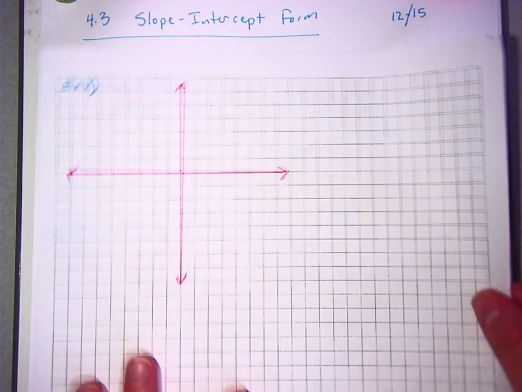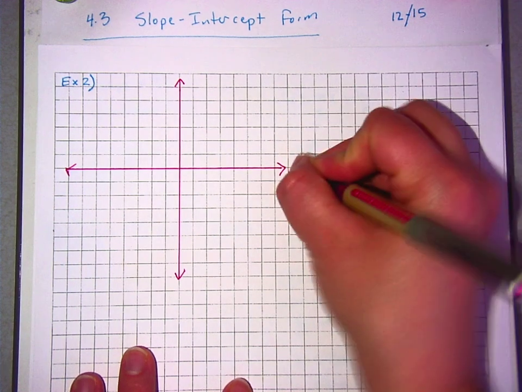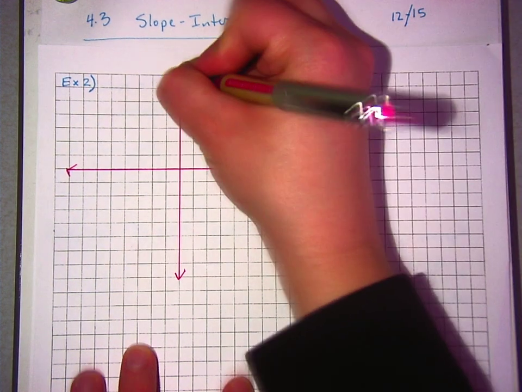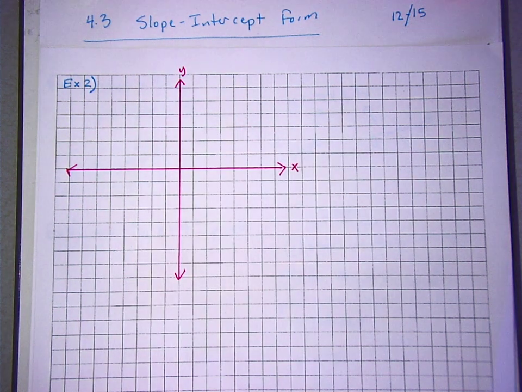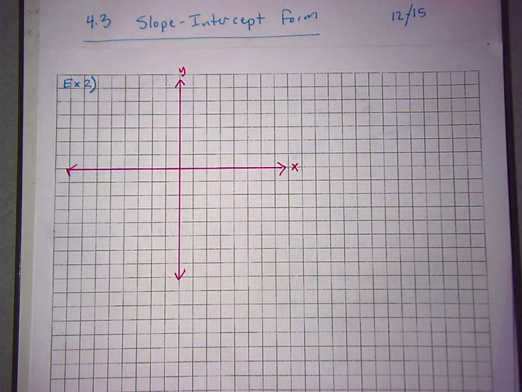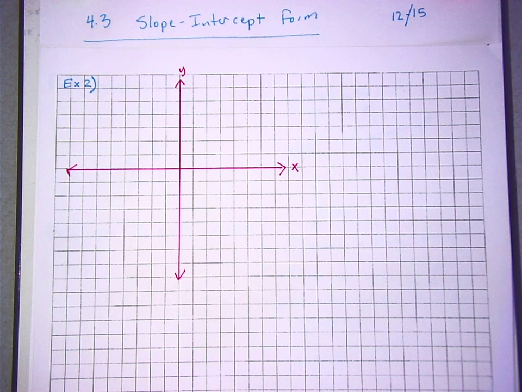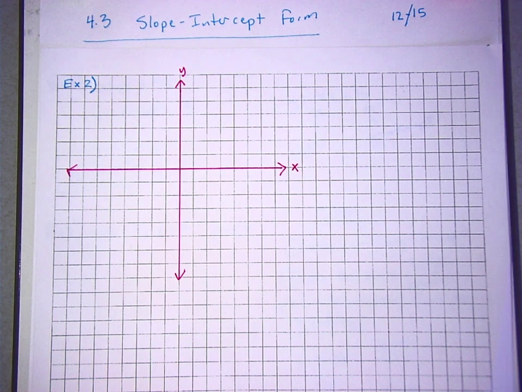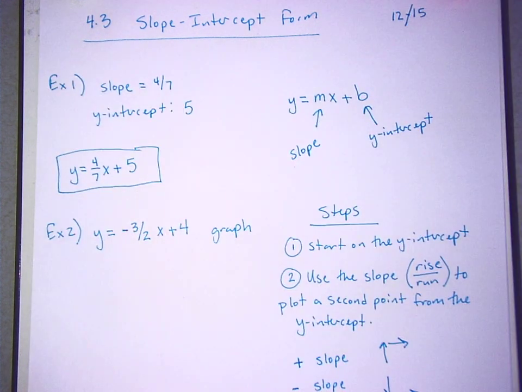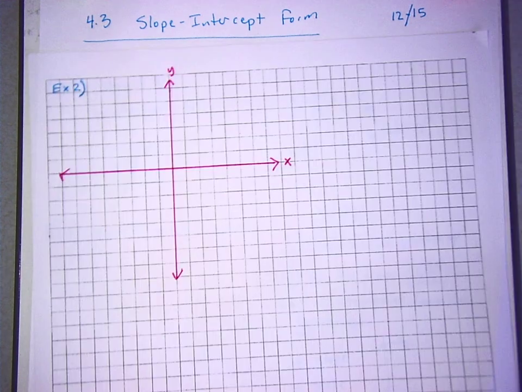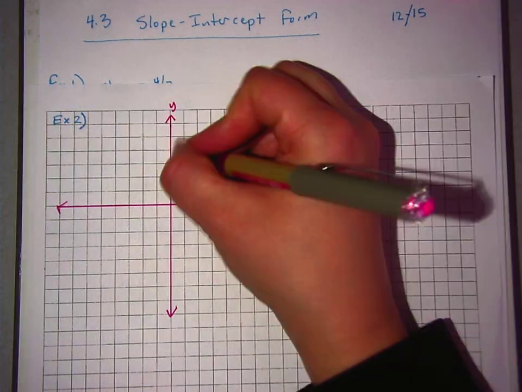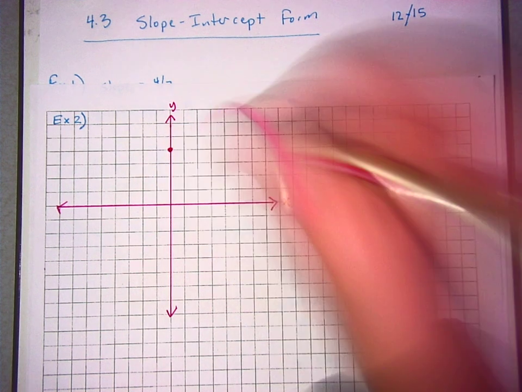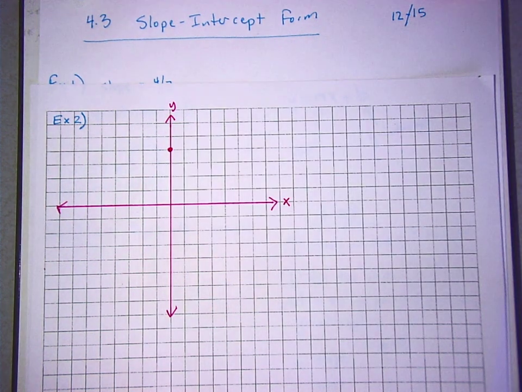Do you guys remember that I am not insistent, as long as you are going by ones, that you have to write a scale on here, but you do have to write X and Y? Okay, now our notes say the first thing we do is we start on the y-intercept. So I'm going to start on 4 on the y, because it's a y-intercept.